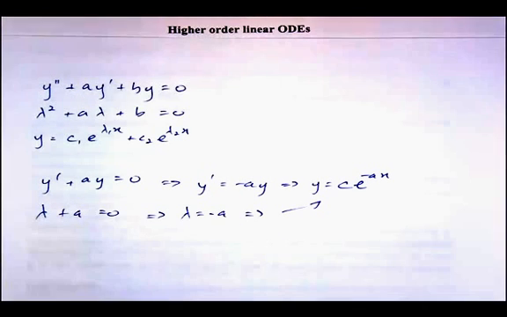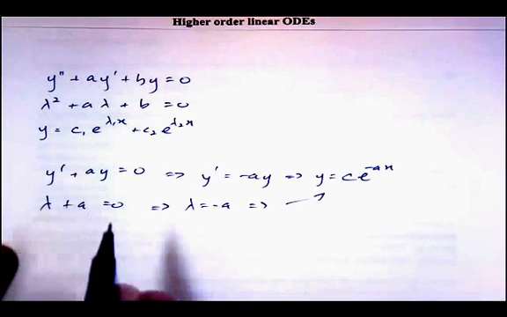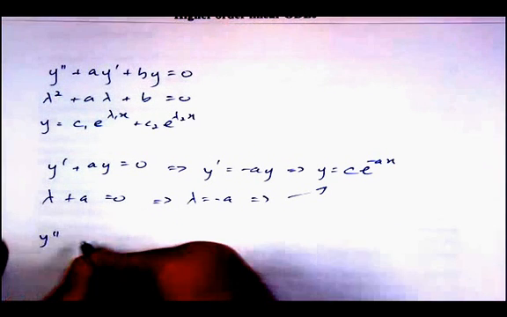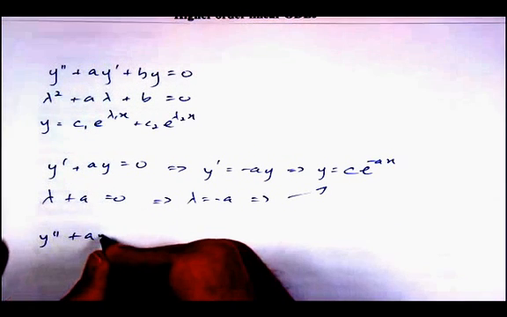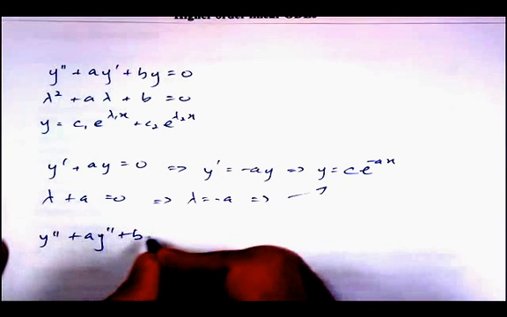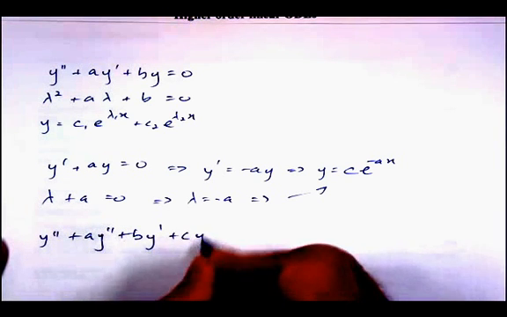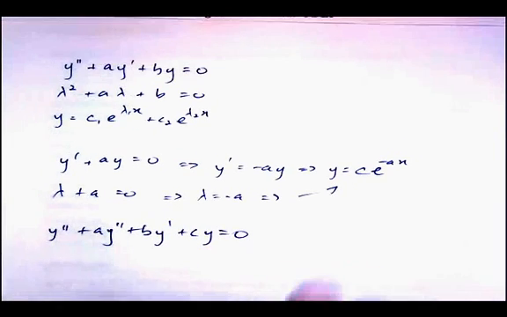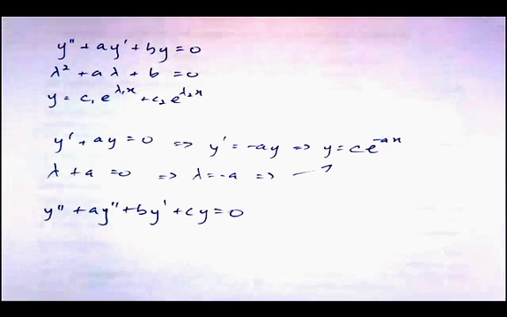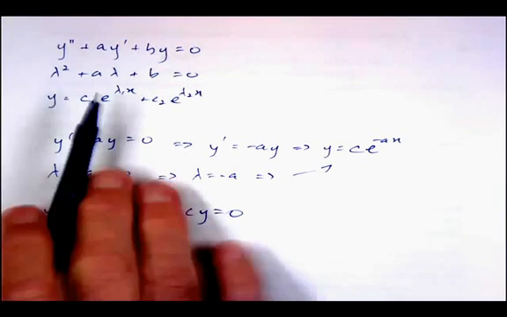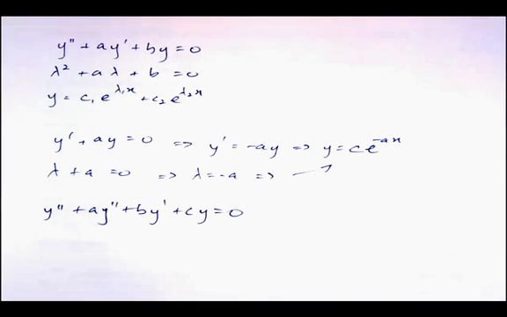Okay, so now, what if we had a third order differential equation? Does anybody have any ideas how we might approach that? What will the third derivative become? A lambda cubed. Okay? And what will you do with those answers to a cubic equation? You put them as powers of exponentials, basically.